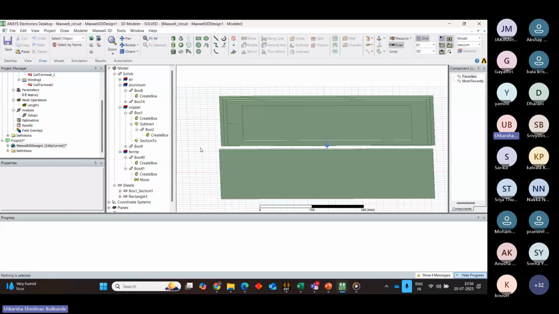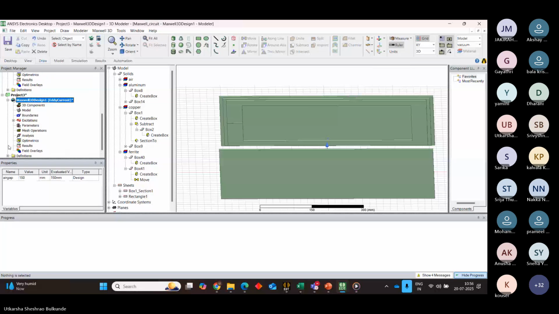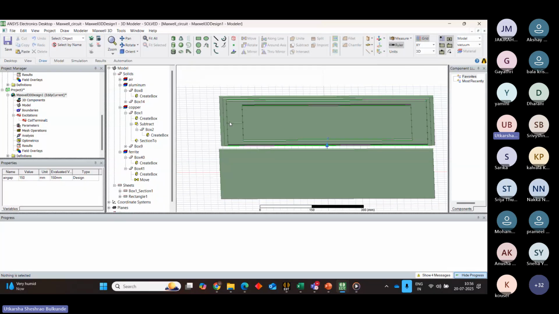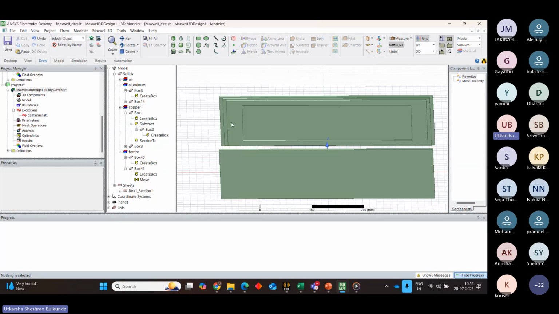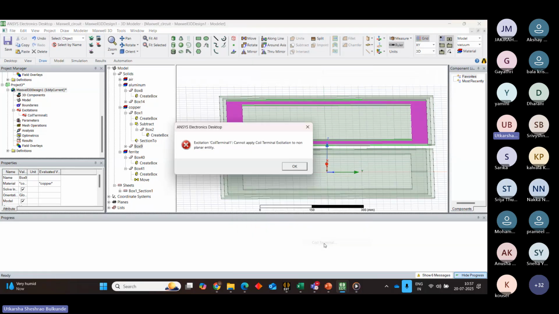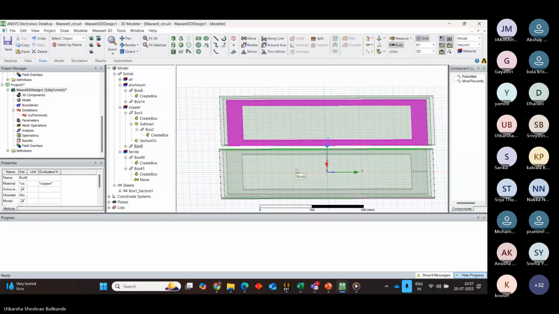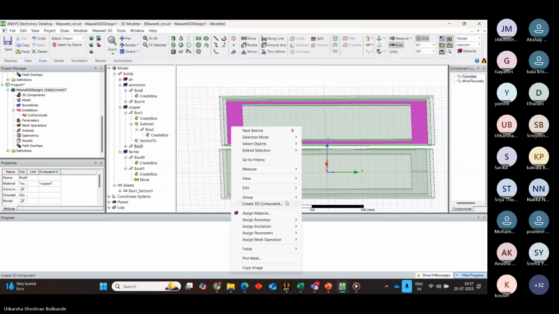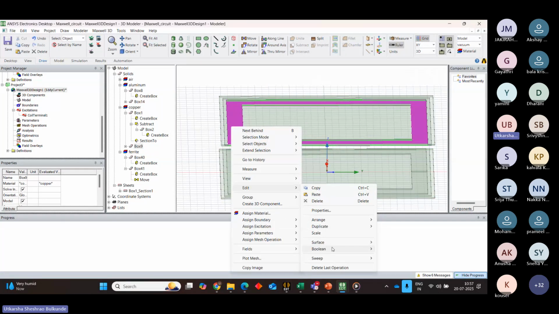Just wait. Whichever section you are taking, take both on the same side, for receiver and transmitter, right? Or else you will get confused how to assign the direction. Edit section.